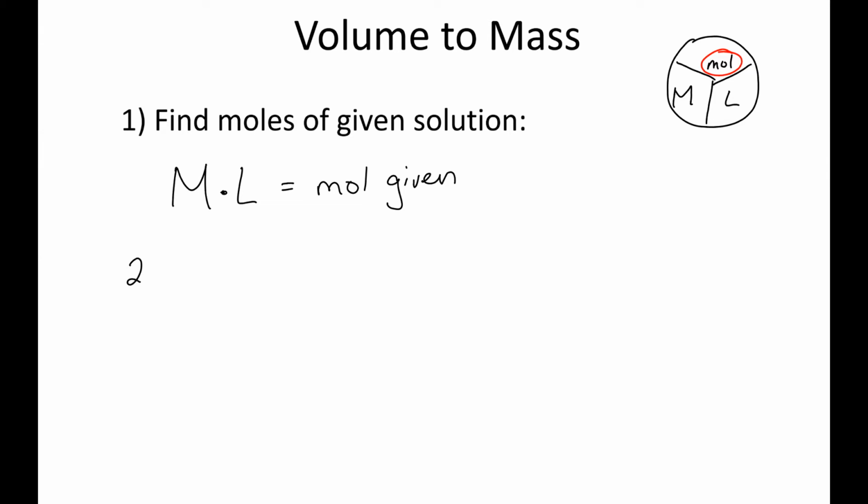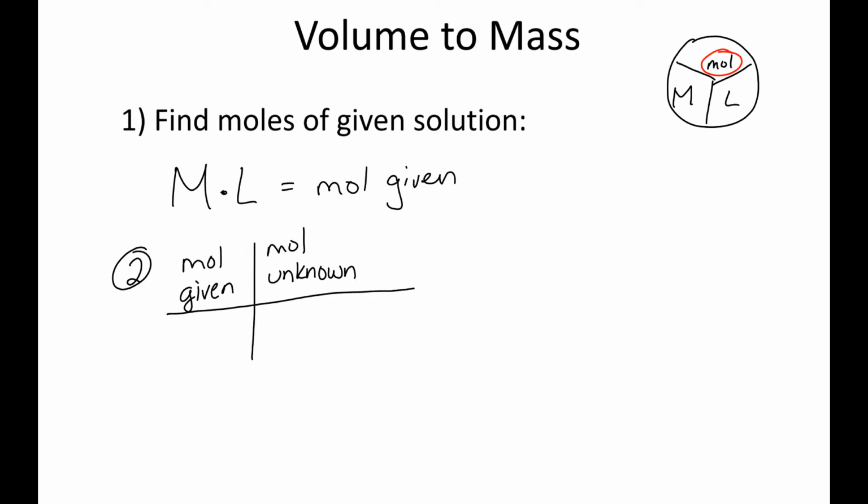Now the second step is putting it into a picket fence. So you calculated those moles; the moles of the given that you calculated go here. At this point, we're going to use the equation to get our mole ratio. This is our molar ratio from the equation, and that gives us our moles of the unknown.